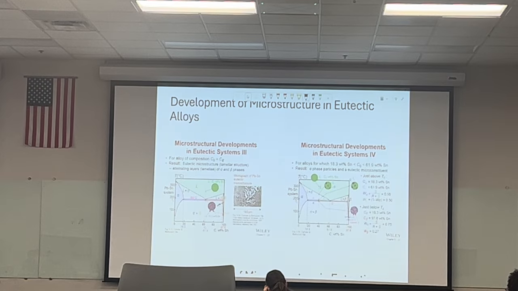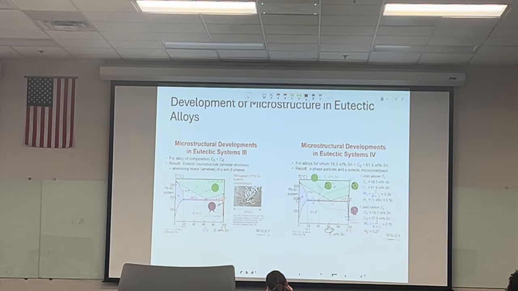And by the time the temperature reaches the eutectic line, which is at that 183, it's that guy there. The remaining liquid is going to reach the eutectic composition, which is 61.9%, this guy.